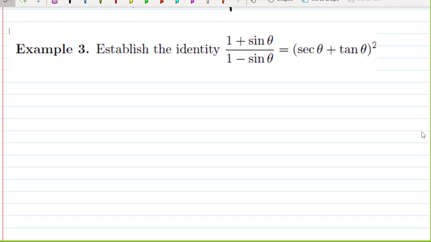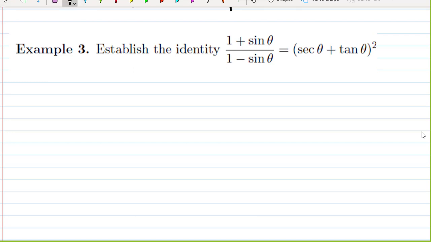Well, that's kind of a toss-up here because I have a fraction on one side and a binomial on the other side. Well, let's go ahead and multiply out the right-hand side.